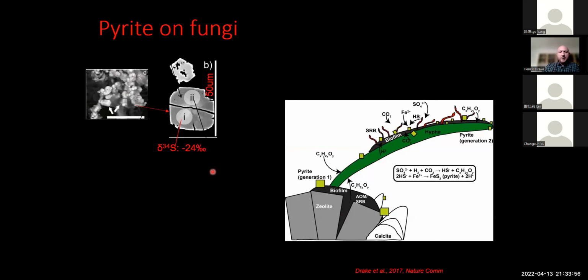And the pyrites, we analyzed them with SIMS. They are very small, but we could do small spots in them and got depleted values that give us the confirmation that they are microbial, and they are sitting on top of the fungal hyphae. So we speculate, or we have this hypothesis, that they are in a syntrophic relation where the fungi can live at this depth by degrading a biofilm.